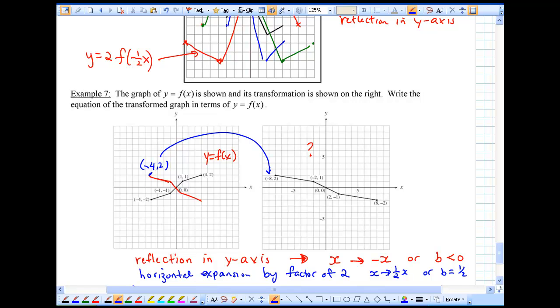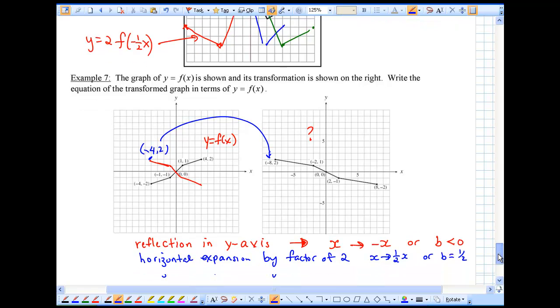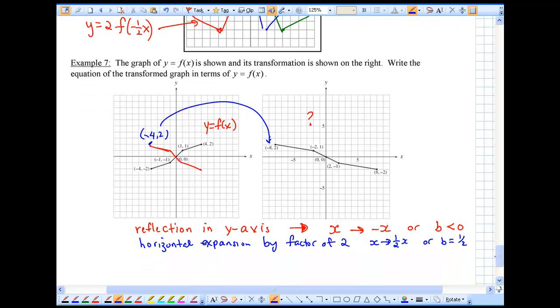So combining these things together, what do you think we'll have? Well, y equals, the a value hasn't changed. What has changed is the b value, f of negative 1/2 x. And that looks good to me.